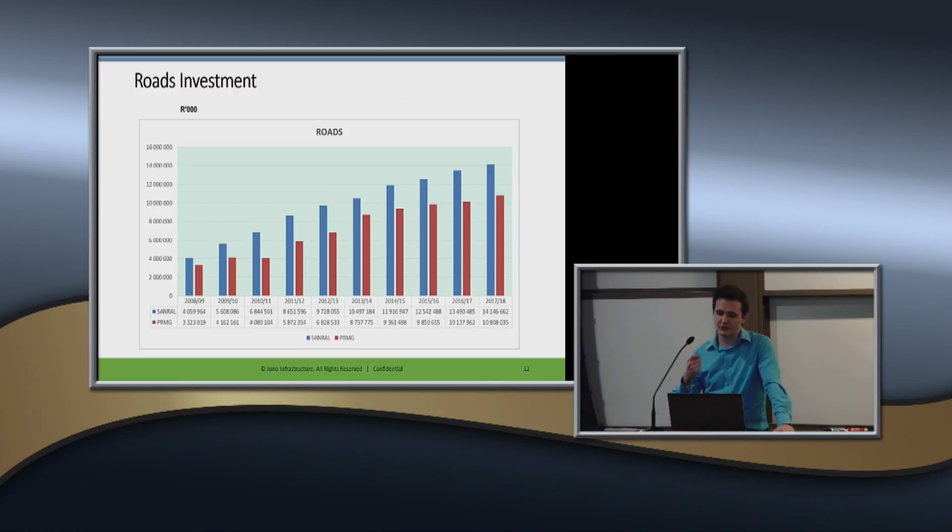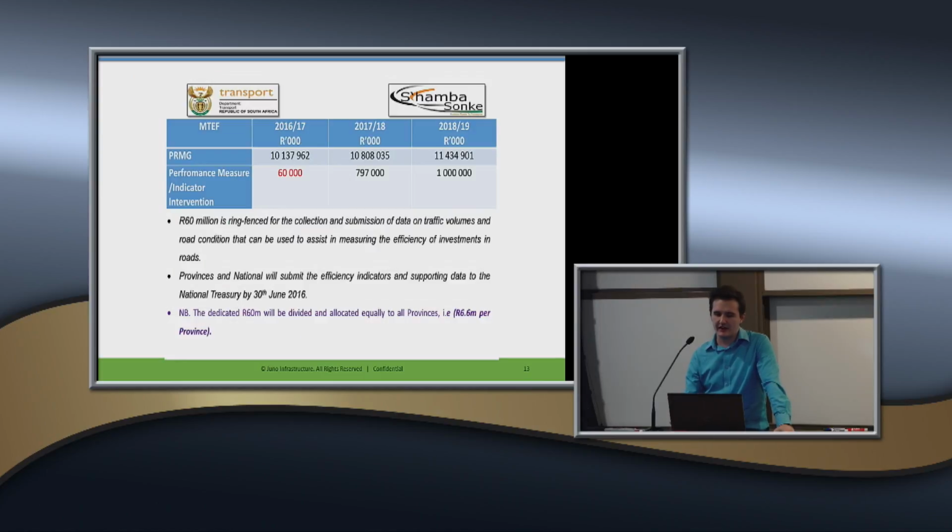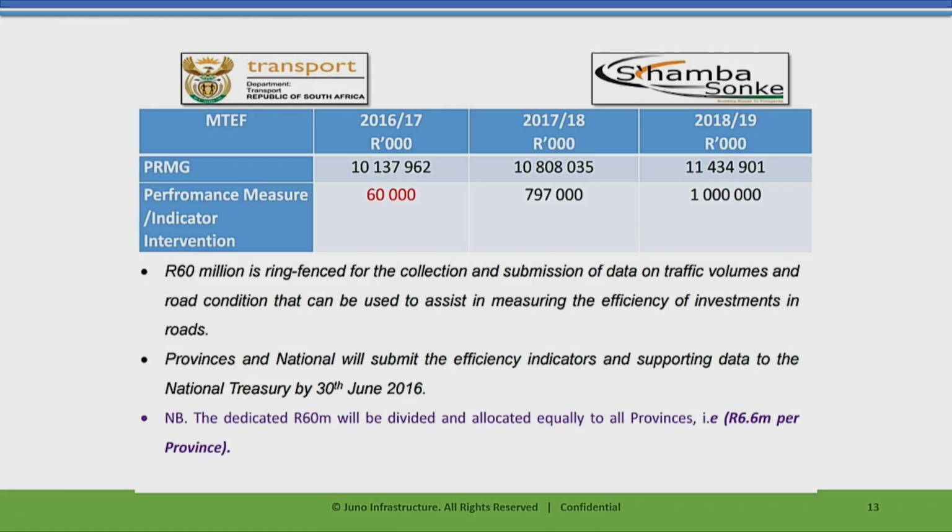So we're really starting to invest more money every year to improve the quality of our networks, to really start to assess the performance of our networks. So you can see, compared to the current 2016-2017 budget, where about $4 million was ring-fenced just for performance collection and monitoring, the following year, it's almost increased 10 times.